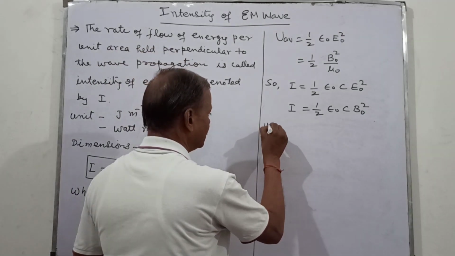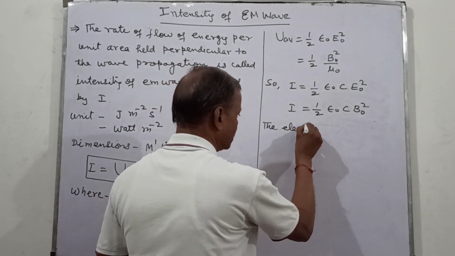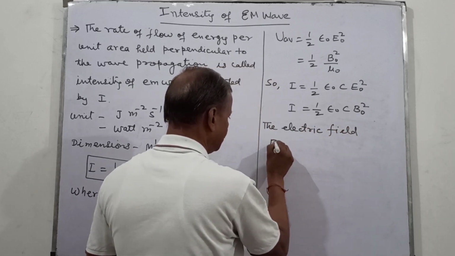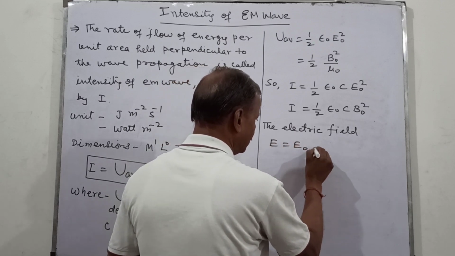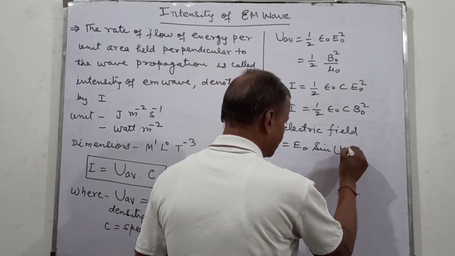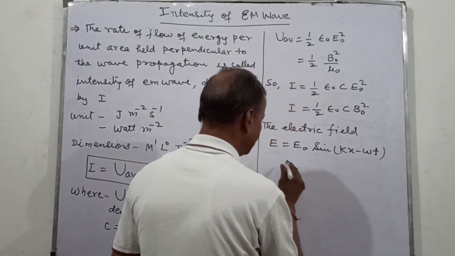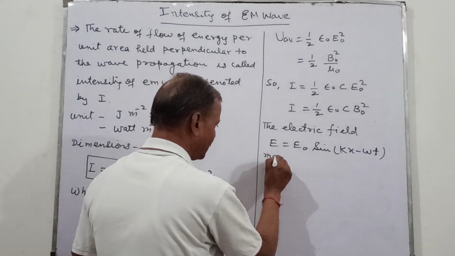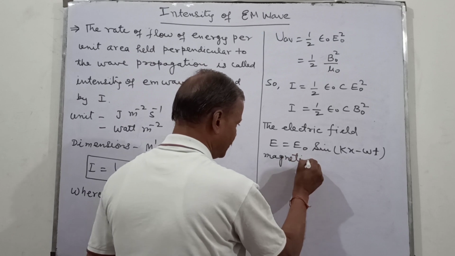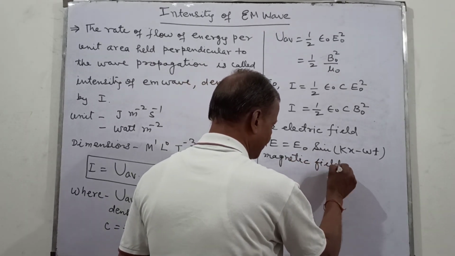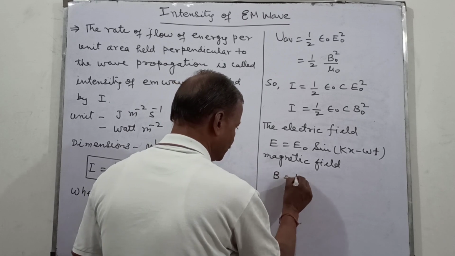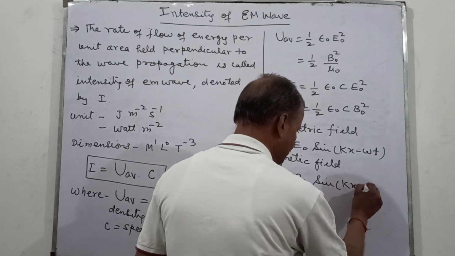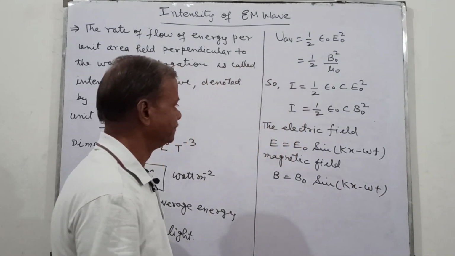The electric field E equal to E naught sin kx minus omega t, and the magnetic field B is equal to B naught sin kx minus omega t.